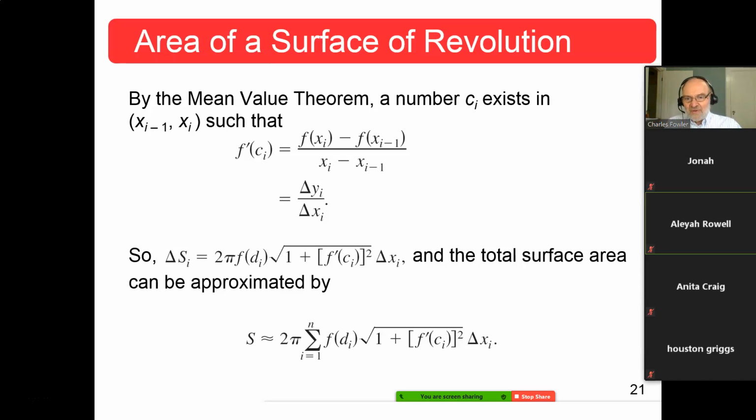The total surface area is approximated by 2 pi times the summation of f of x sub i times the thing that looks like your arc length.